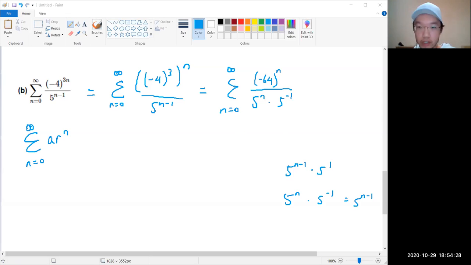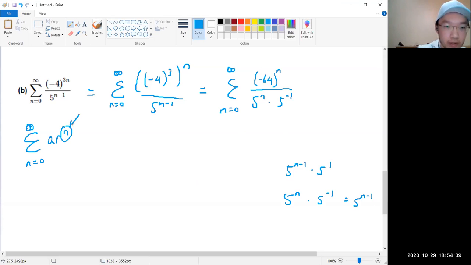Shouldn't we do an index shift before this? We don't want to do an index shift because this power of n, we only want this to be the power because the index starts at 0. So if you were to shift the index to say n equals 1, then you need to use the other form, which is a times r to the n minus 1.